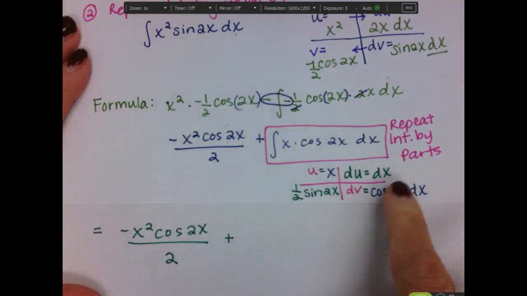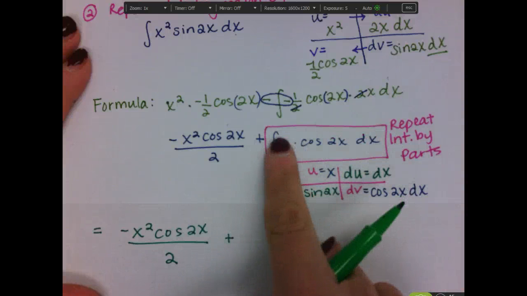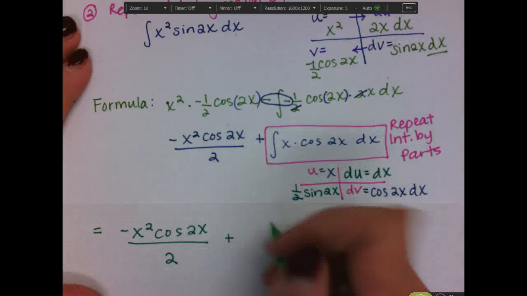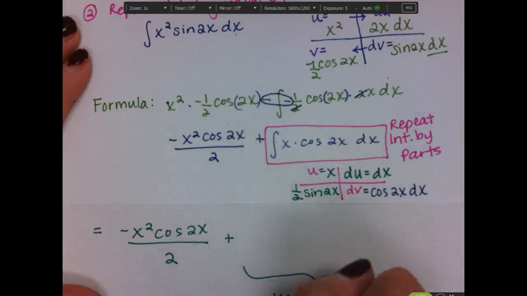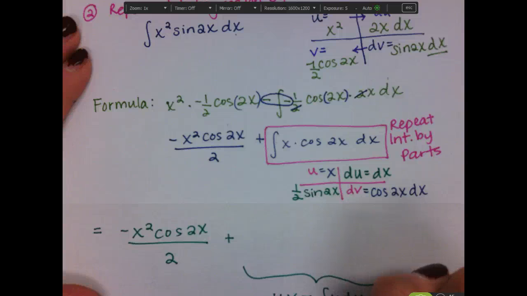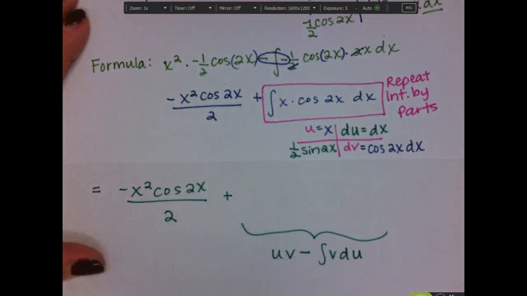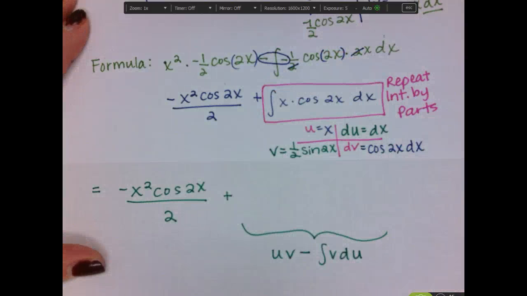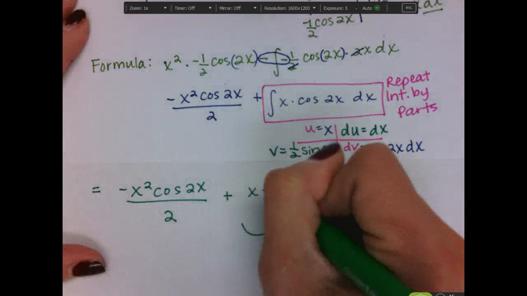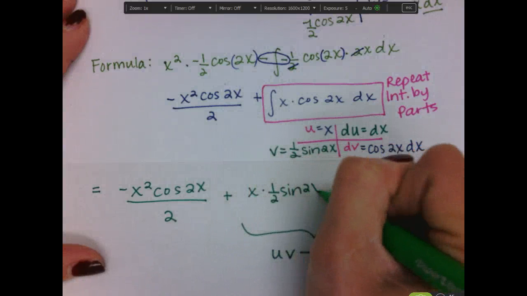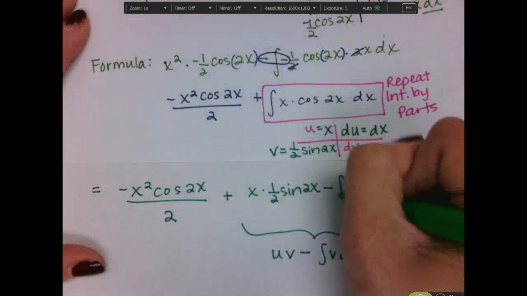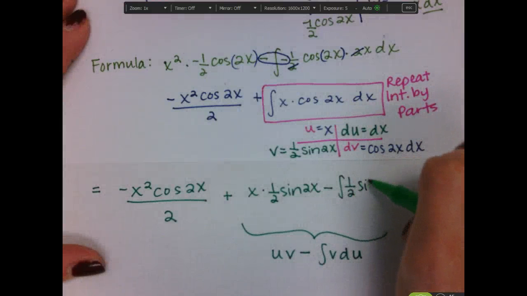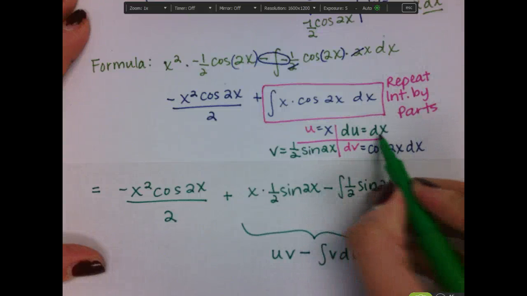And then from this second iteration, I'm going to end up with 2 more terms. So I need my formula once again as it relates to this u and this dv. So this is u and this is v. So I'm going to have x times 1/2 sine of 2x minus the antiderivative of 1/2 sine of 2x dx.